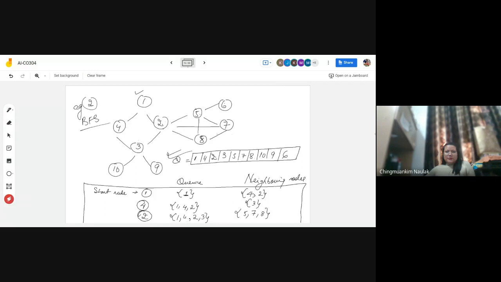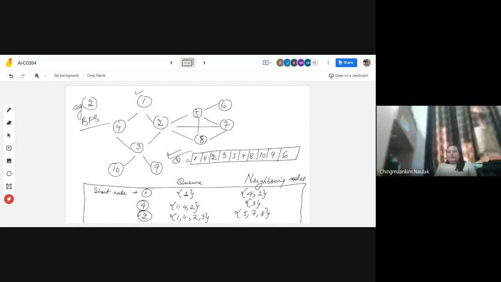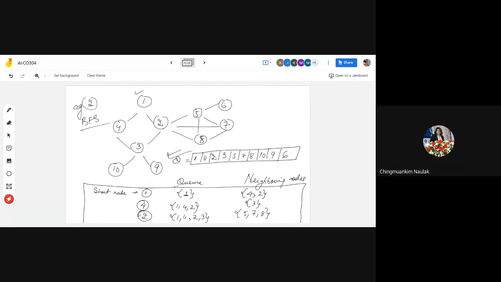For this as well, you have to draw this queue box. The total number of nodes available here is 10, so I'm drawing a box that can contain 10 nodes. At first I make a tabular form, then I write the label neighboring nodes.